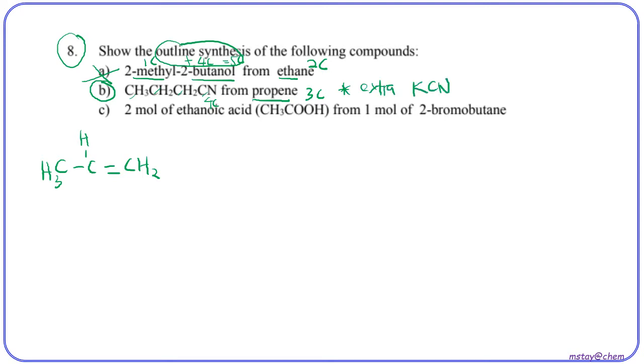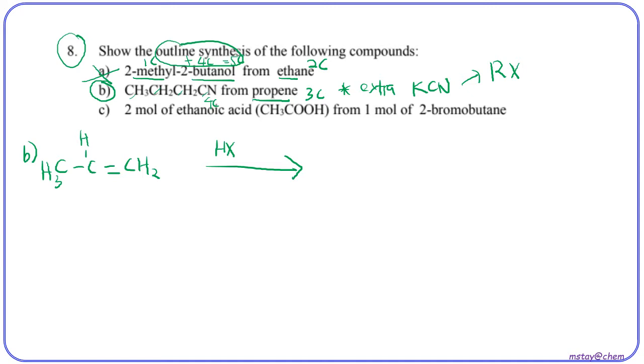Once related with the KCN, we have to relate with the haloalkane. So that means the alkene here will react with HX to produce haloalkane.